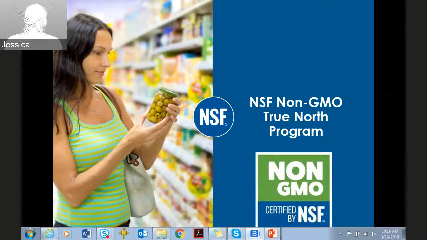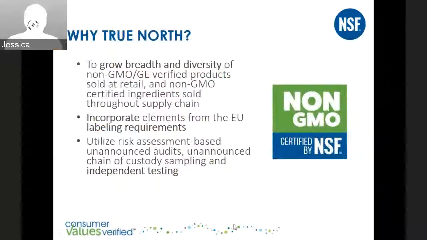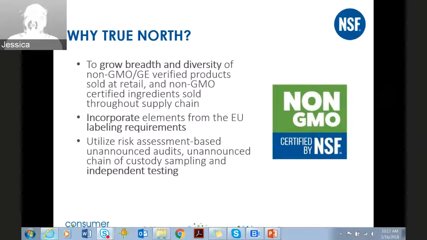we're going to go a little bit slower and take our time and sift through what True North is all about. So True North was created to assure the integrity of GMO claims and to grow the breadth and diversity of non-GMO verified products sold at retail, as well as non-GMO certified ingredients sold throughout the supply chain.